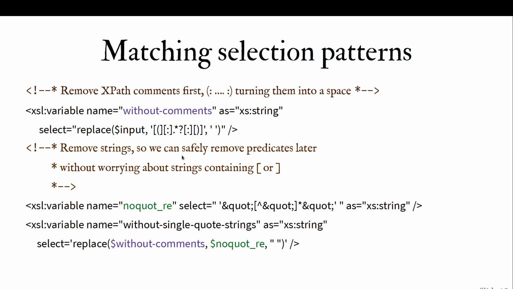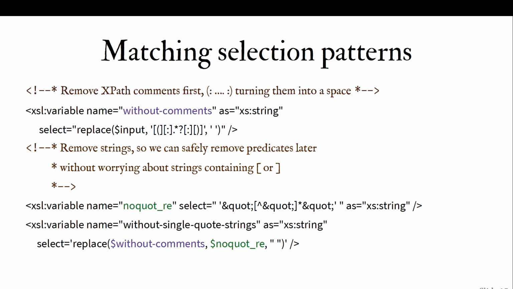Once we've removed strings and comments, we have our variable $without_comments, which now will have just XPath syntax in it, and we can in fact blow almost all that away and get something that looks like /a/b/c and take the c, and that's the element that's being matched.